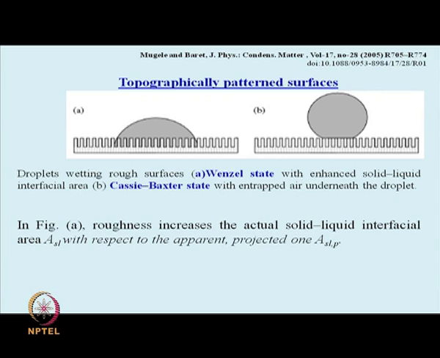So, I bring you to the next topic, which is two extremes. How would a droplet behave when it is placed on a topographically modified surface? We all have seen what happens when raindrops fall on a lotus leaf.